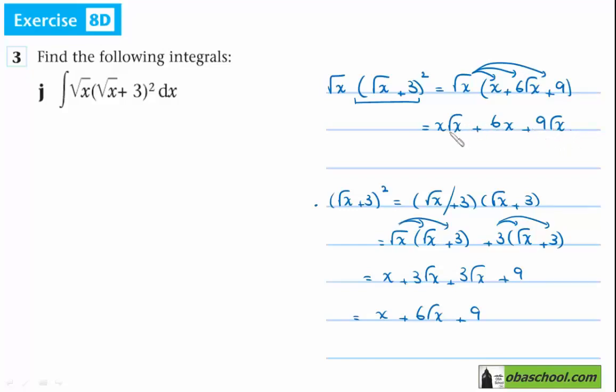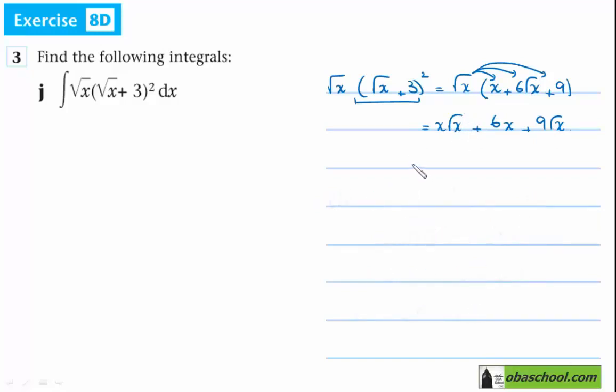Now we can take both x multiplied by the square root of x and 9 multiplied by the square root of x and take the square root of x in common. So we can rewrite it in the power form: x into x to the power half plus 6x plus 9. Instead of writing square root of x, we write x to the power half.